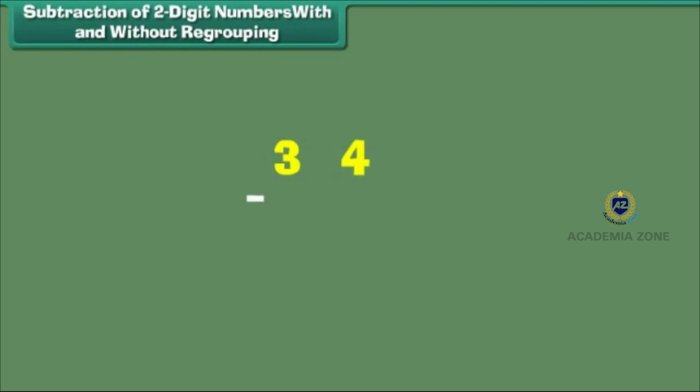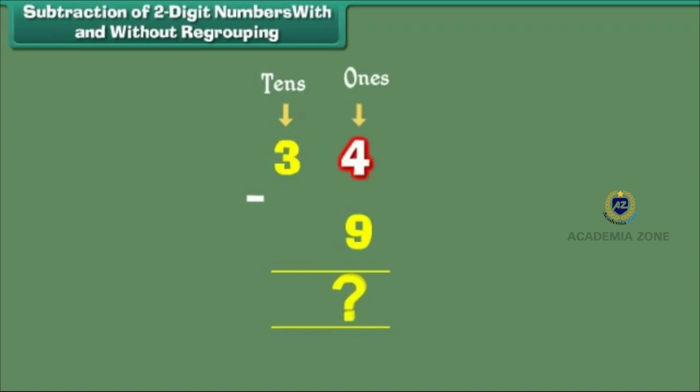What is 34 minus 9? 34 has 3 tens and 4 ones. We want to remove 9 ones. As 9 ones cannot be removed from 4 ones, we regroup 1 tens as 10 ones.